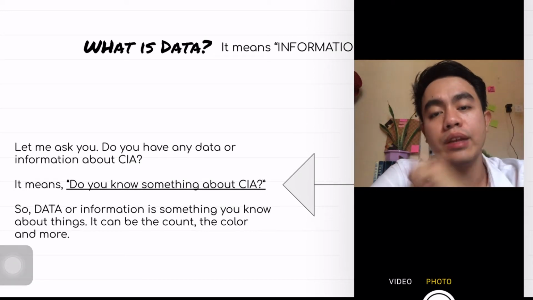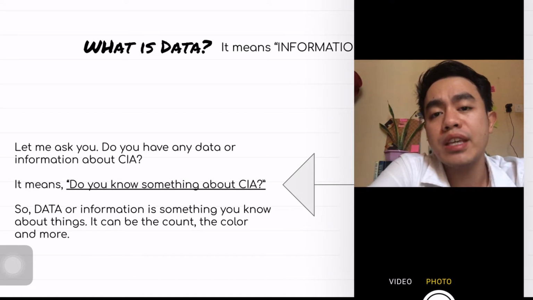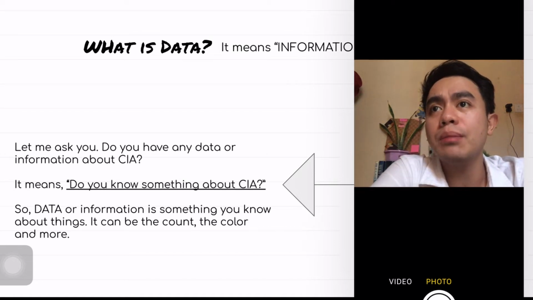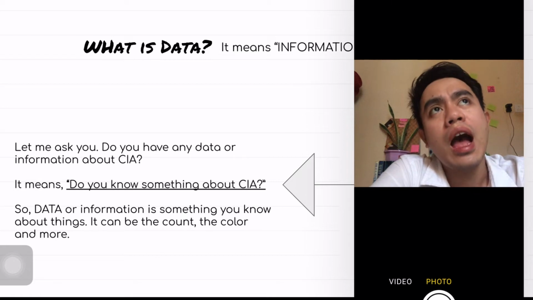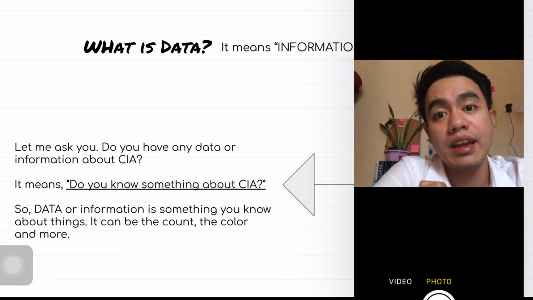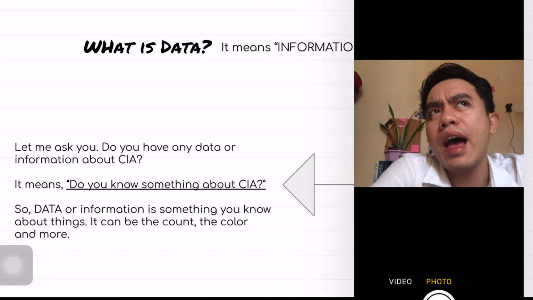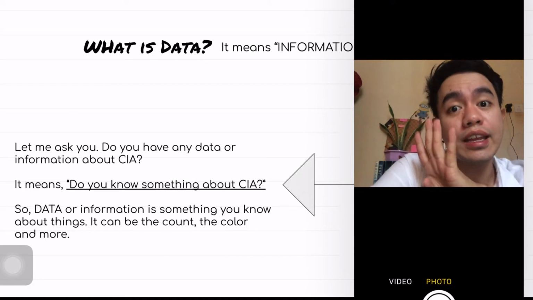So, example, let's go back to the question that I asked you. Do you have data about CIA? You can say any information about CIA. I think there are 3,000 students. That is the data. That's information about CIA. So you know something about it. I think they have one, two, three, four buildings. That is information.